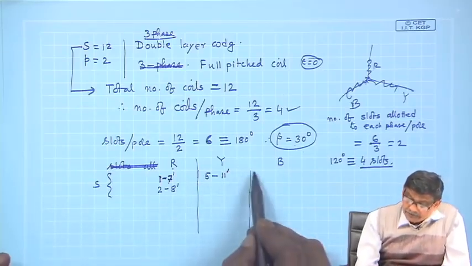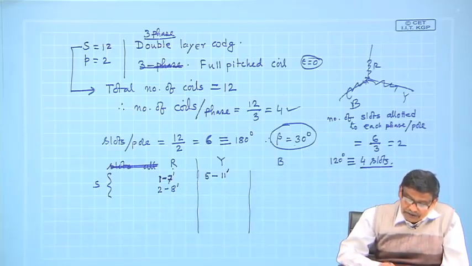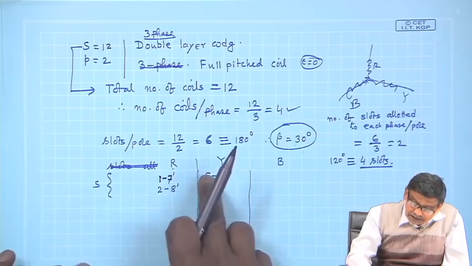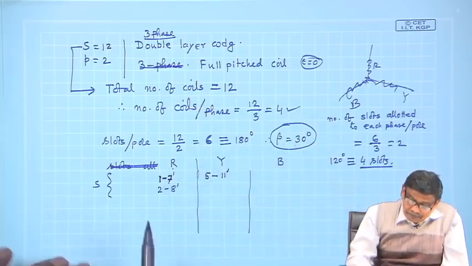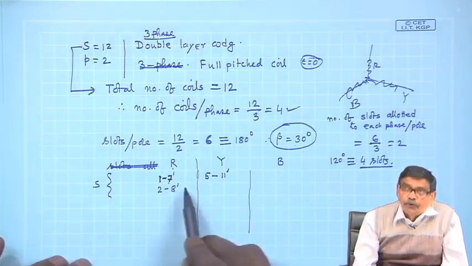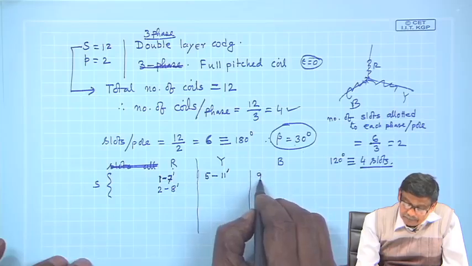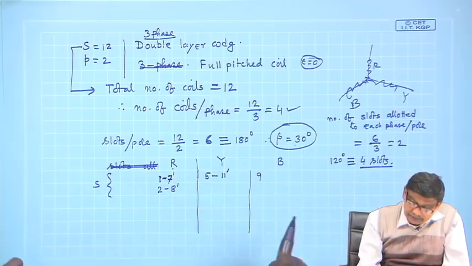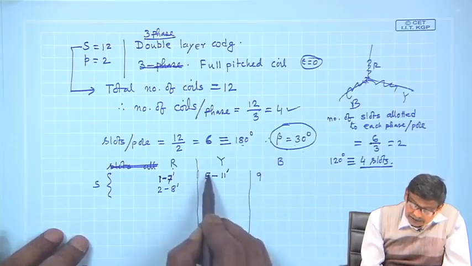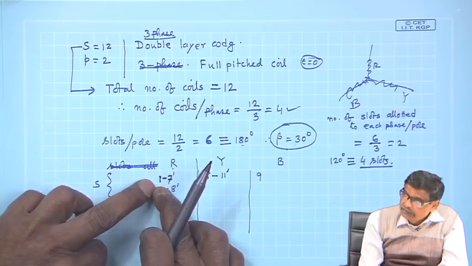Similarly, the starting of B phase coil should be after 120 degrees from Y phase. Therefore, another 4 you go, that is 5 plus 4, this is 9, and its return should be 9 plus 6.